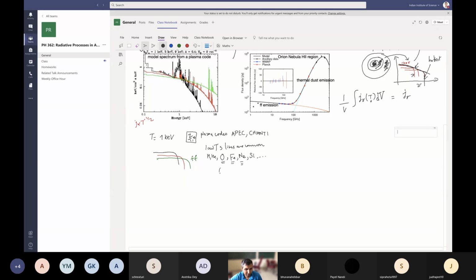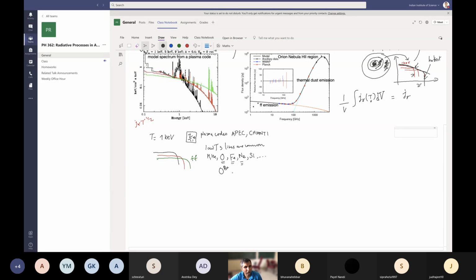So the ions which are more abundant will be more numerous, and if your oxygen becomes totally ionized, so O8, all eight electrons are removed, so it becomes fully ionized. This will have no lines, right?